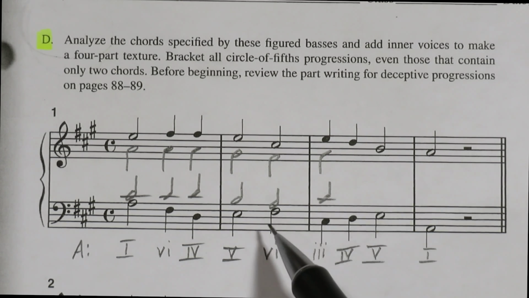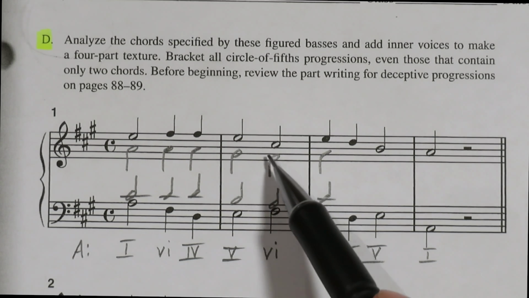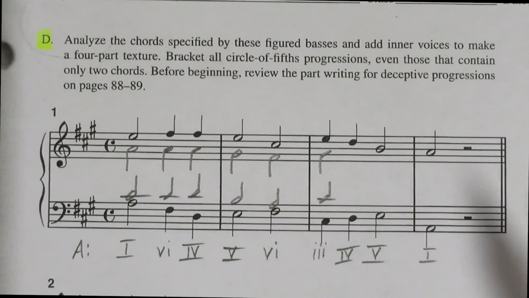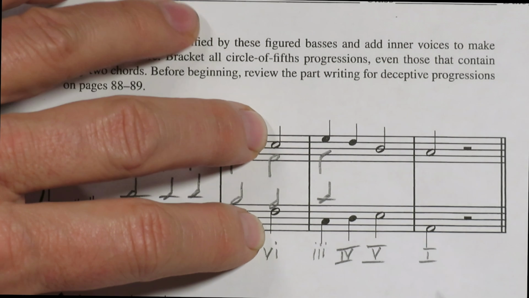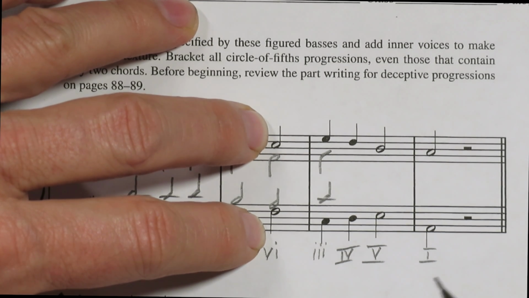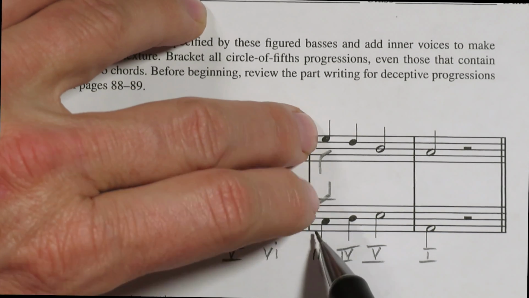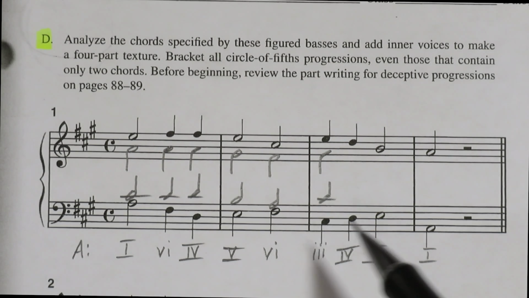Let's check for parallels really quick. F sharp to C sharp. That's going to a 6th. F sharp to C sharp also in bass and soprano, moving in contrary motion. Looks good.